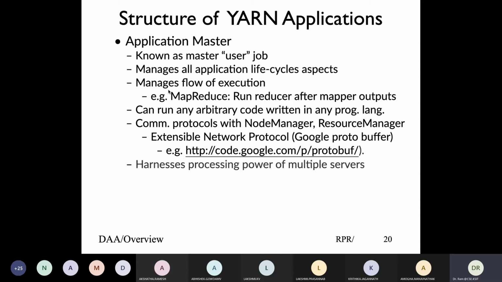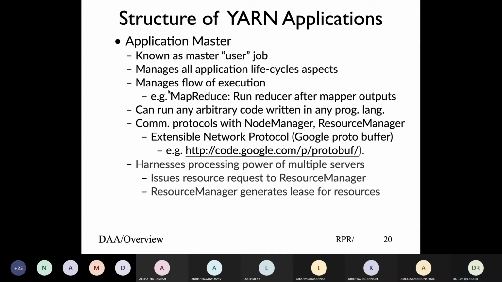The benefit Hadoop gives you is that because we have a large number of commodity servers, we have a large amount of compute power, and we can make use of the computing power of distributed nodes as a single node, called harnessing computing power. And that is primarily what the application master does.